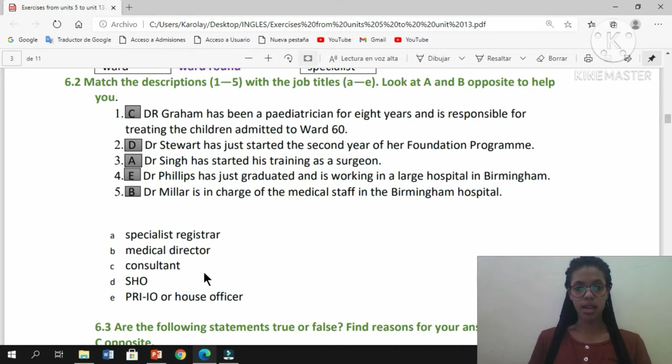The answer is SHO. Dr. Shin has started specialist training as a surgeon. The answer is specialist registrar. Dr. Shield has just graduated and is working in a hospital in Britain. The answer is house officer. Dr. Jones is head of the medical staff in the British hospital. The answer is medical director.